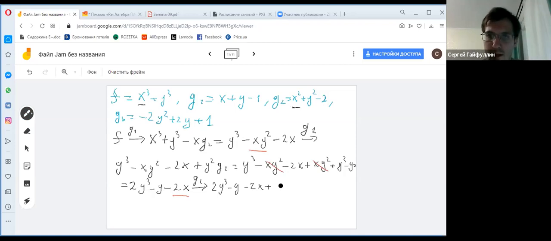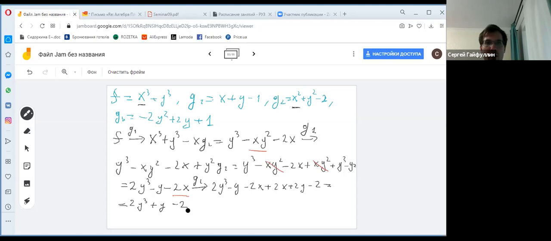So plus 2x plus 2y minus 2. And this is 2y cubed minus or plus y minus 2.